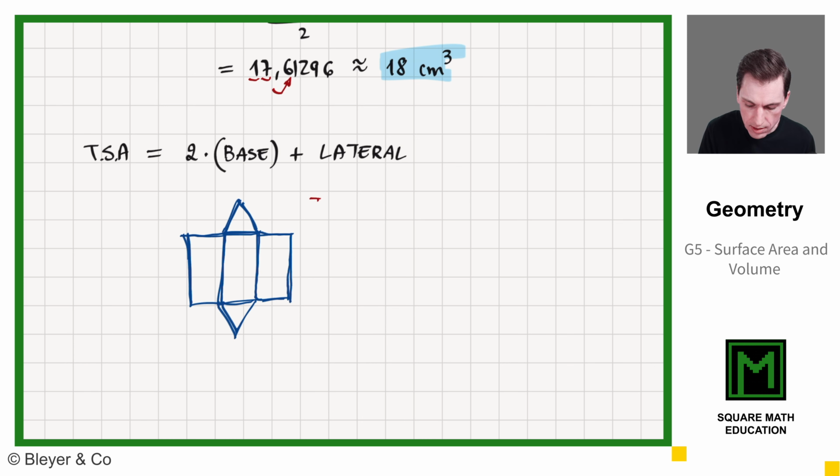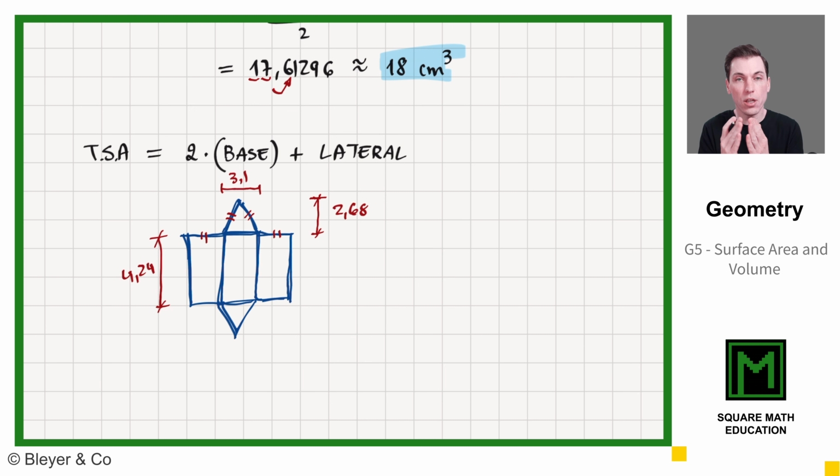This height of my triangular base is 2.68. The width of this is 3.1, and then the entire height, which will also be the dimension of my lateral here, is 4.24. We also notice that these lengths have to match, because when we close the shape they will all join.